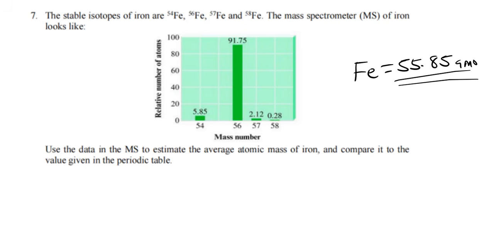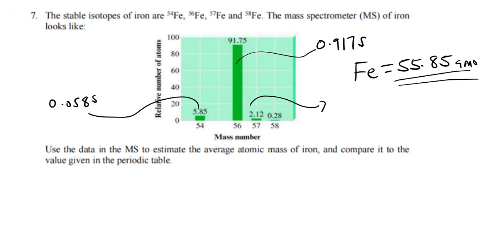So this 5.85 in terms of a decimal, it just means I'm supposed to divide all of them by 100. This is going to give me 0.0585. Then for the one with 91, it's going to give me 0.9175.